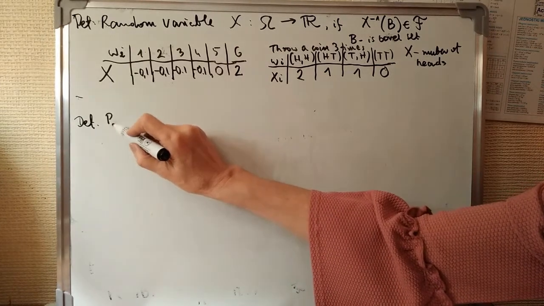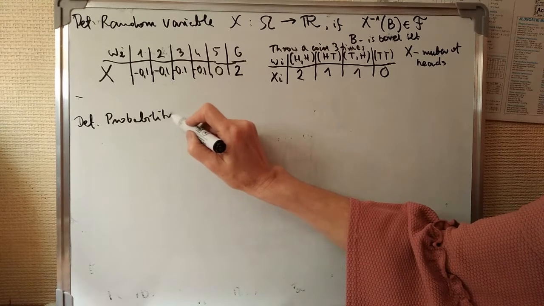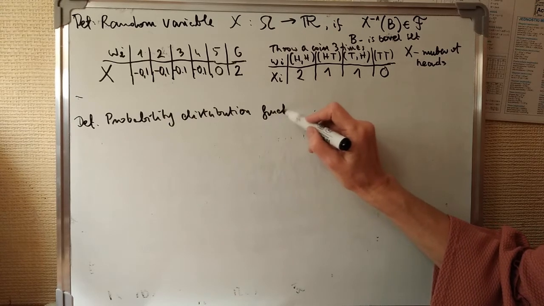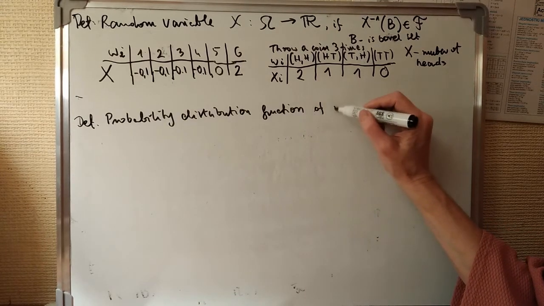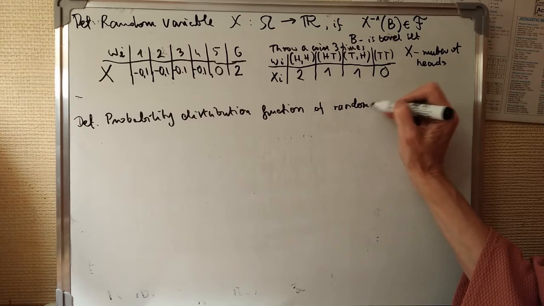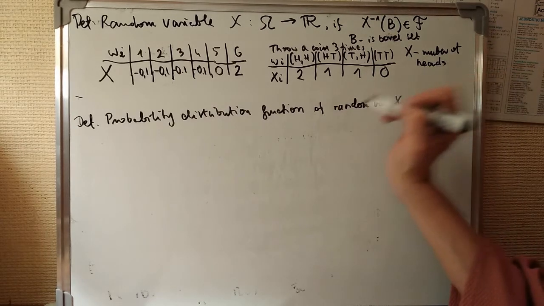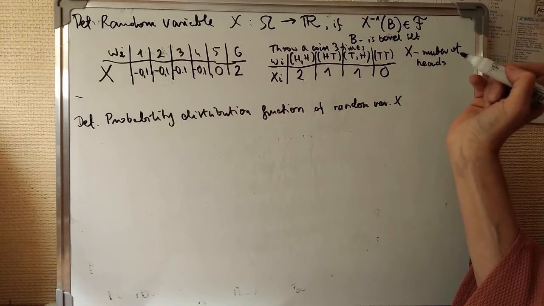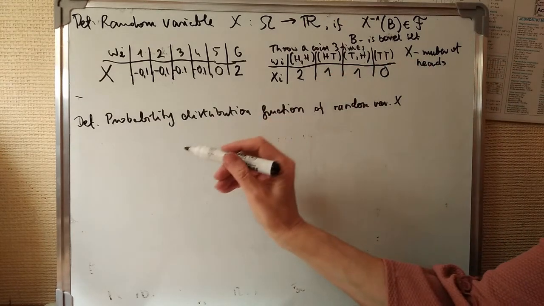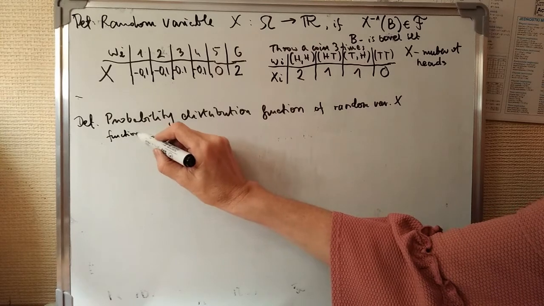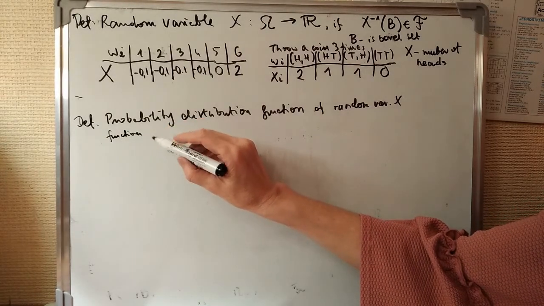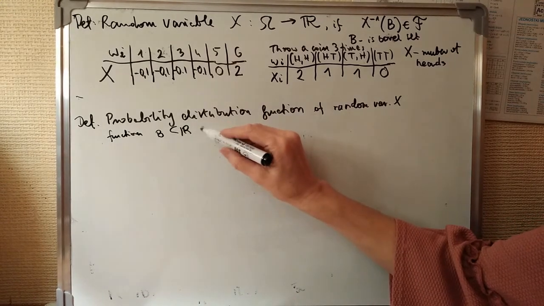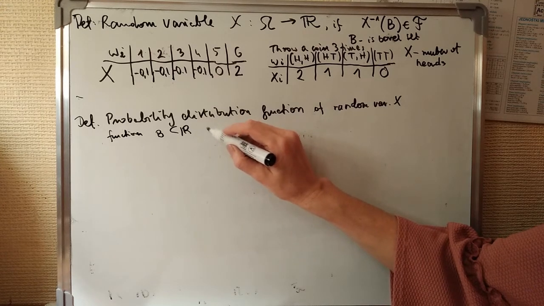Probability distribution function of random variable X is a function such that for every Borelian set B in R it maps probability.